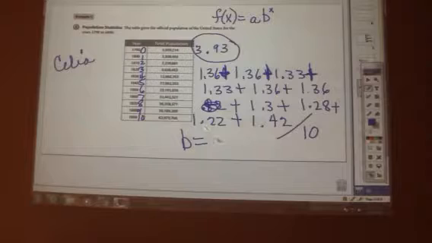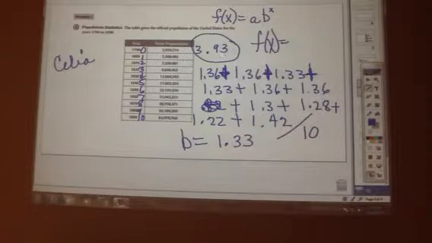Anybody have that? I want to say it was 1.33, but I'm not sure. Did anybody add it? Okay, 1.33. So when I write the equation, f of x equals a, which is 3.93, times b, which is 1.33 to the x power.